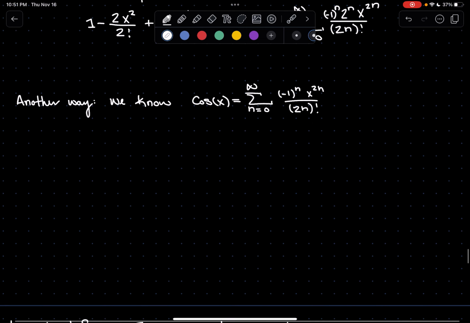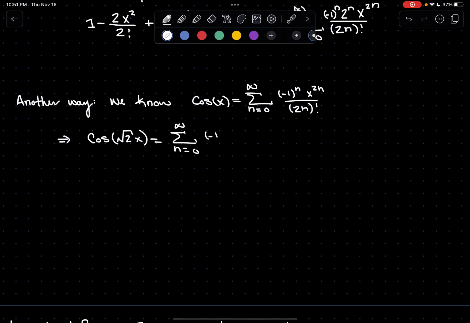So that implies that cosine of square root of 2 times x, wherever I see an x, I'm just going to put a root 2 x, right? So I get a sum from n equals 0 to infinity of negative 1 to the n. Now instead of x to the 2n, I get square root of 2x to the 2n over 2n factorial.